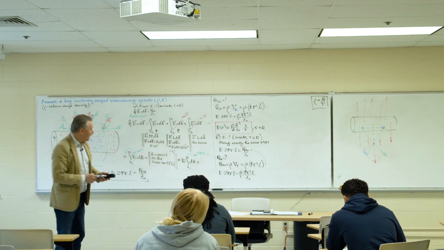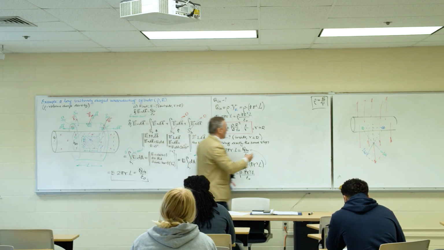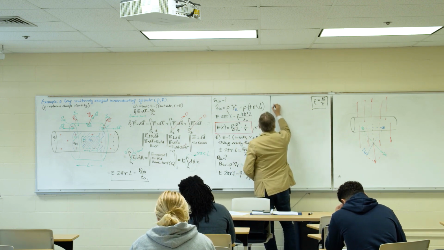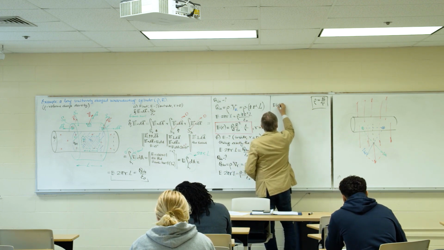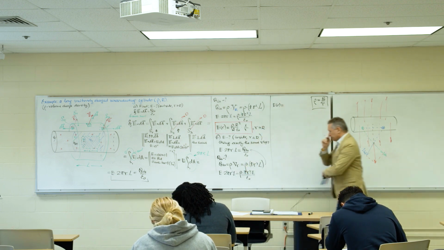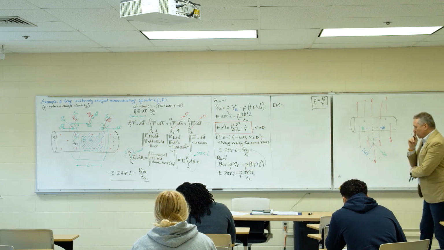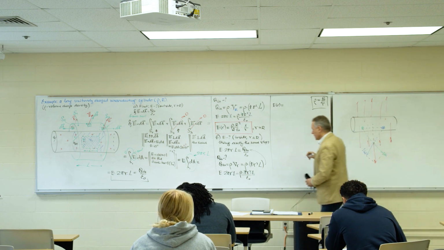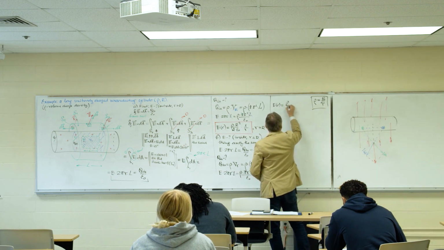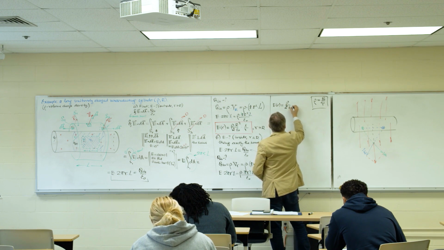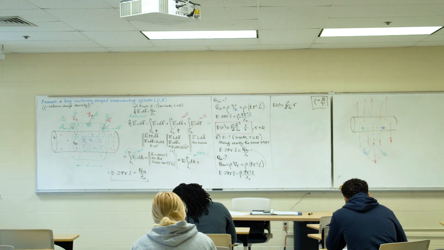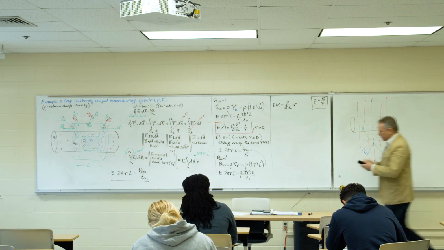Right. So now let me write over here. The electric field as a function of r will be equal to rho over 2 epsilon naught, those are constants, times r. That's it. So that's the function.